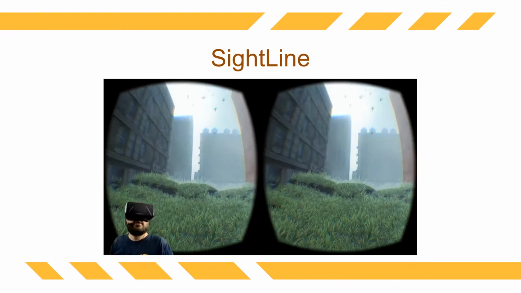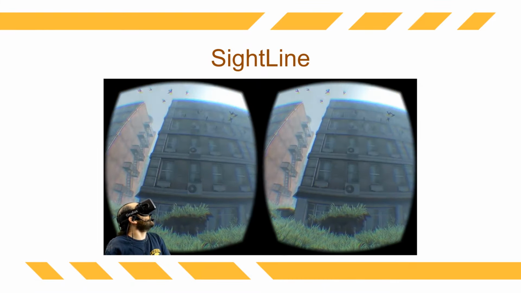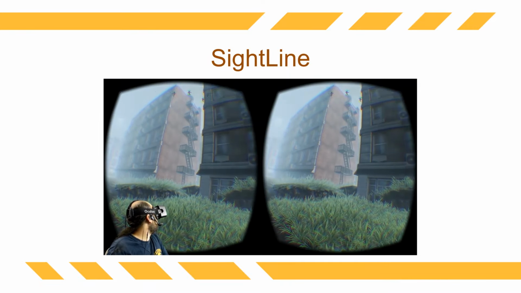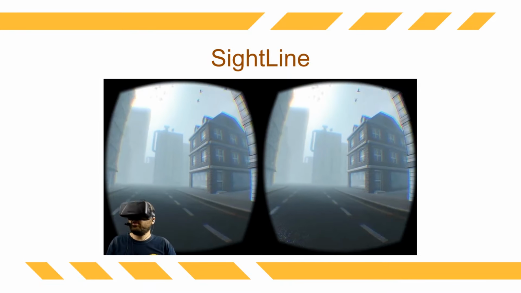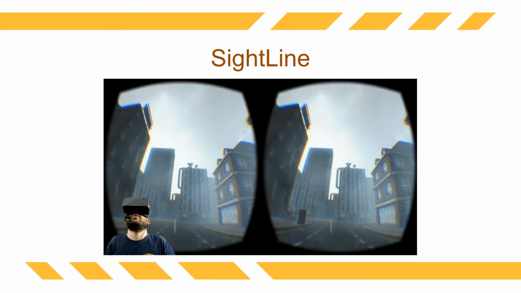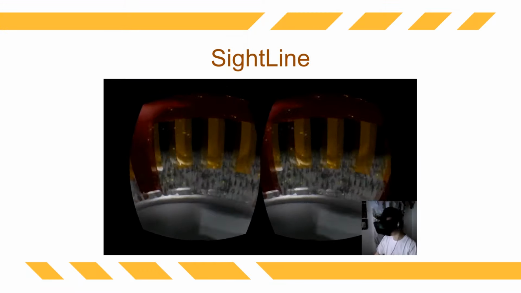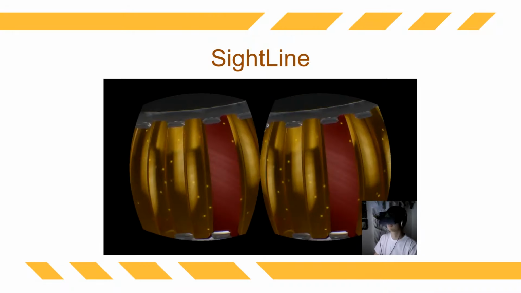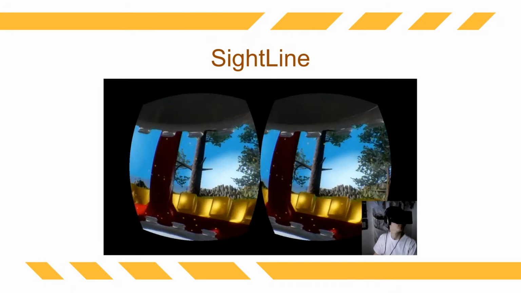And I thought that the real power of VR was being able to create experiences and worlds that couldn't exist otherwise. In psychology, one of the first things our brains learn about the world that we live in is object permanence. So I thought it would be interesting to break that principle. In SightLine, the entire world is volatile.